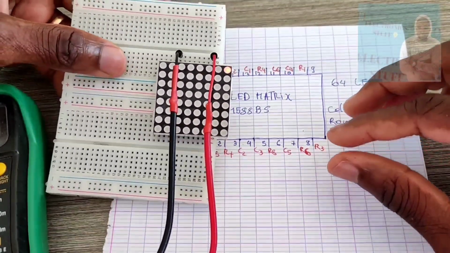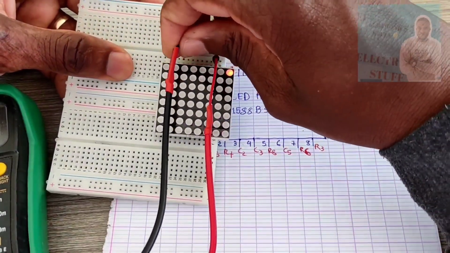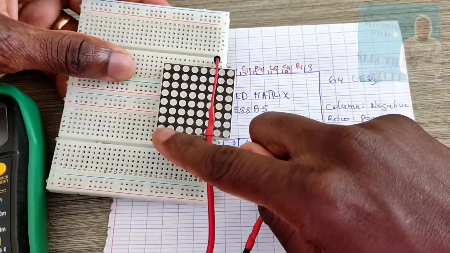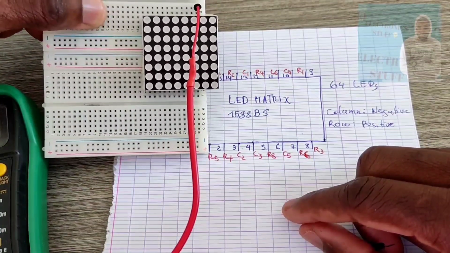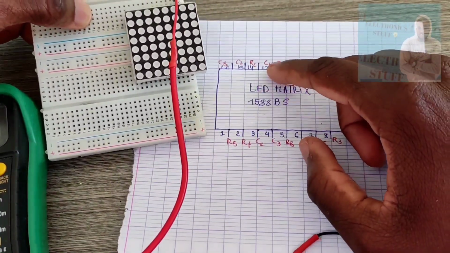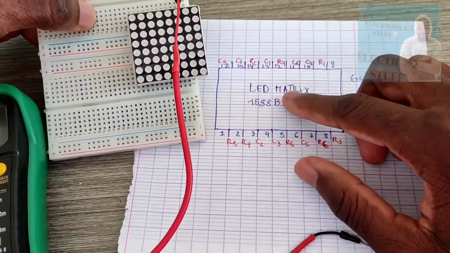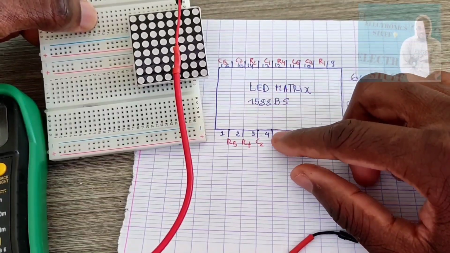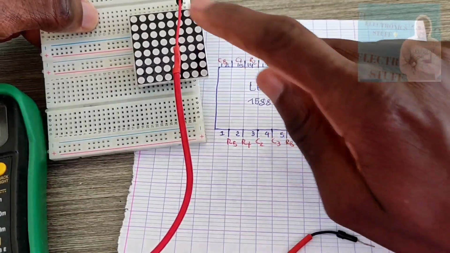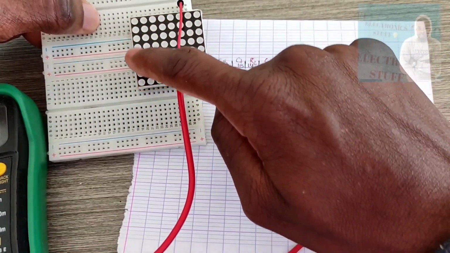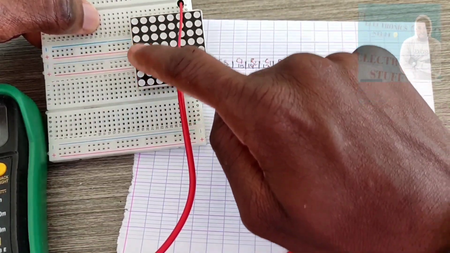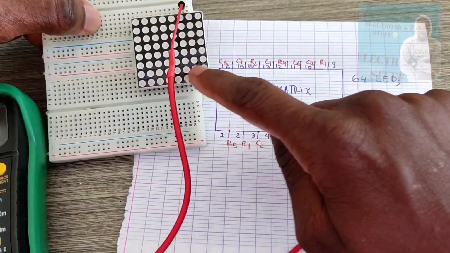Okay guys, now I want to turn on this LED. This LED is C1, pin 13, and the row is 1. No, the column is 1, the row is 8.